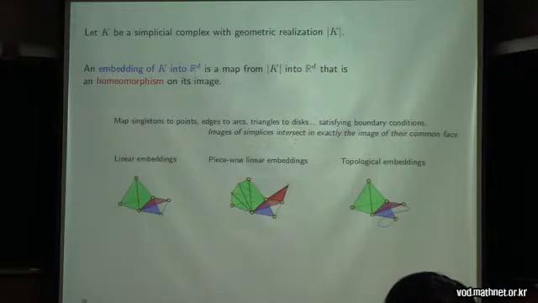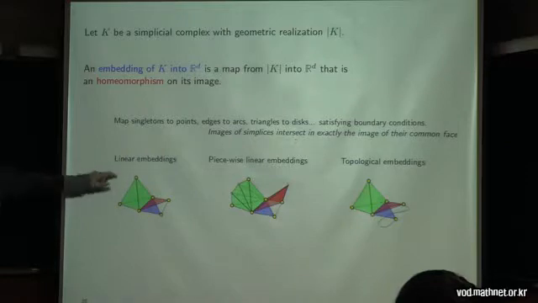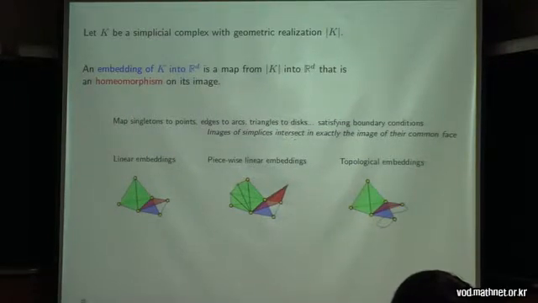When you take a simplicial complex, an embedding is a drawing of that complex. You map singletons to points, edges to arcs, and so on. As I mentioned already, you can get various types of embedding: linear embeddings where everything is straight, PL embeddings where you allow piecewise linear parts, and topological embeddings where any curve is allowed as long as it's continuous.